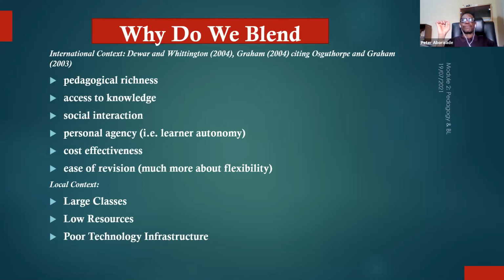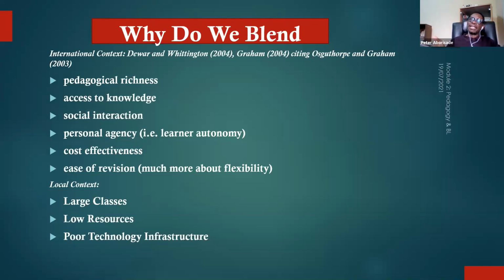In the final analysis, blended learning is cost effective. Every year you want to build new classrooms. Every year you must equip new classrooms. You must maintain new classrooms or old ones. But the funds are not always there.